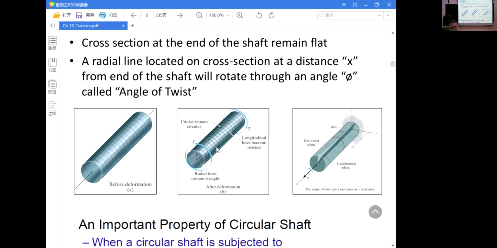Let me draw it. Suppose tau is in this direction. Yes or no? For this point and for this point, they have the same angle, because it's the same.